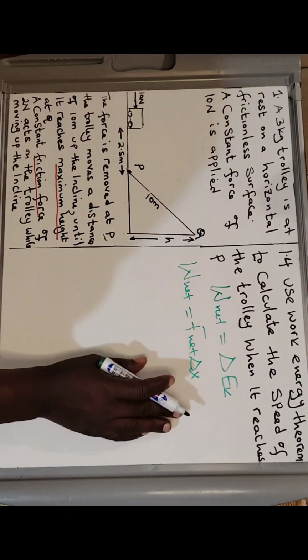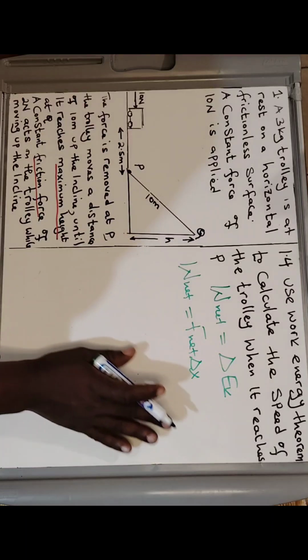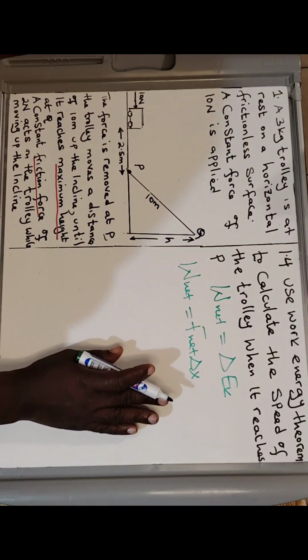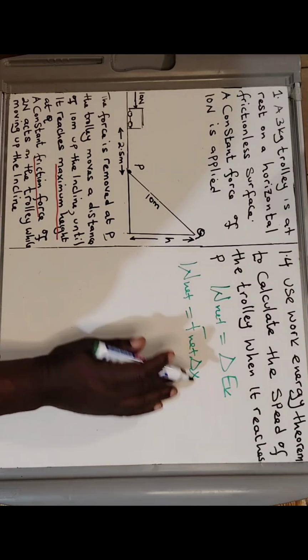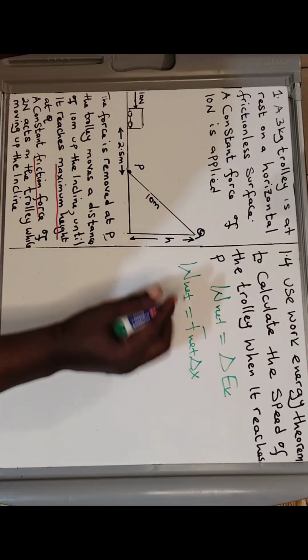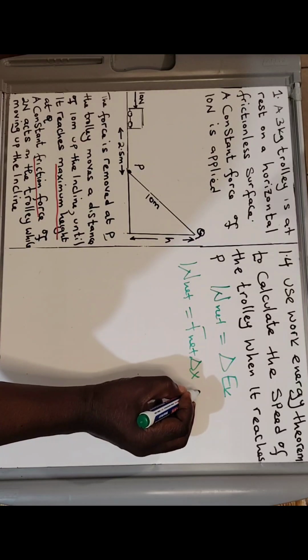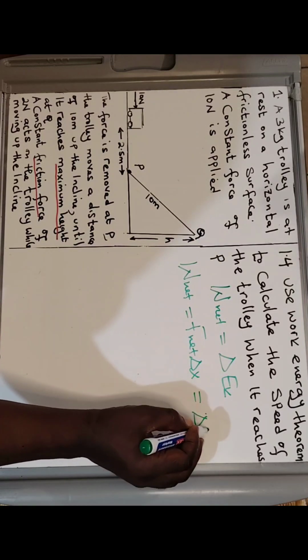People are saying, why don't you put cos 0 or cos theta? You have to know that net force is always in the direction of displacement. So that one is unchangeable, so this is okay. This is equal to delta EK.